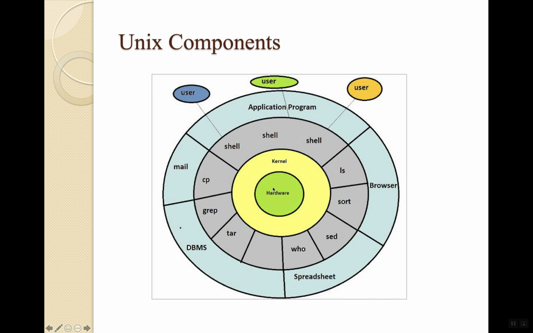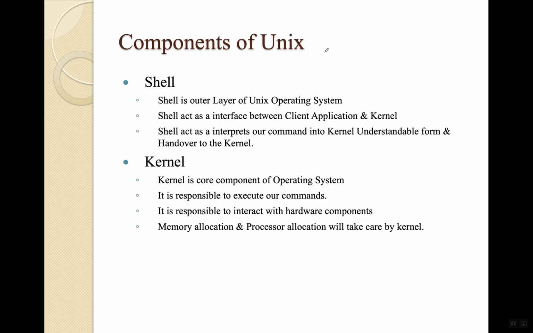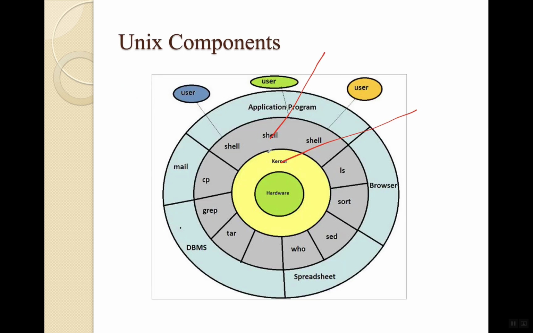On top of that, two components are available. One is the kernel, and the shell is one more component. So it is divided into two components. What will it do? Shell is the outer layer of the Unix operating system.